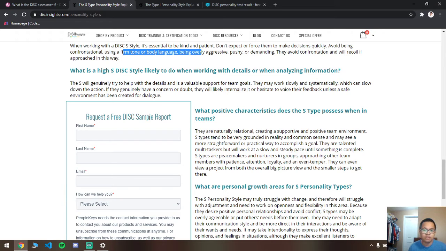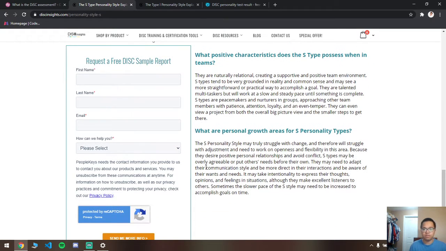They are talented multitaskers but will work at a slow and steady pace until something is complete. S types are peacemakers and nurturers in a group, approaching other team members with patience, attention, loyalty, and an even temper. They can even view a project from both the overall big picture view and the small steps to get there.